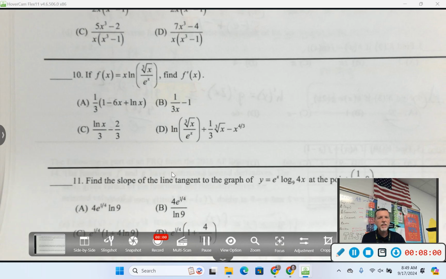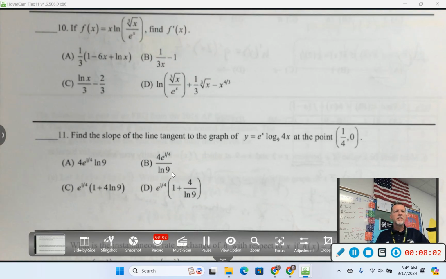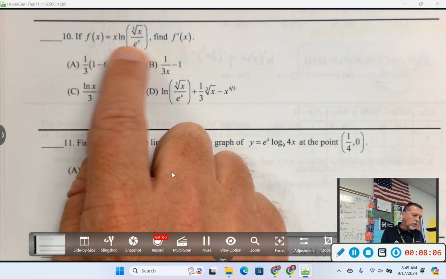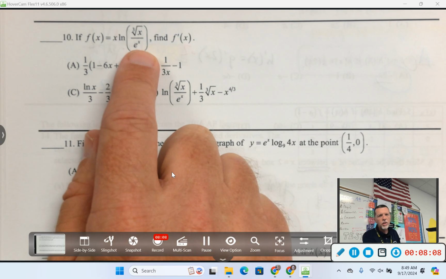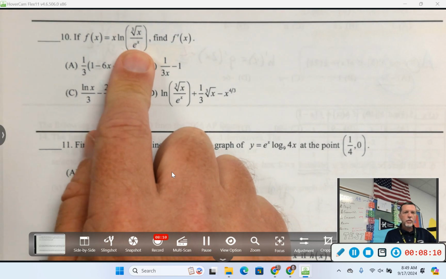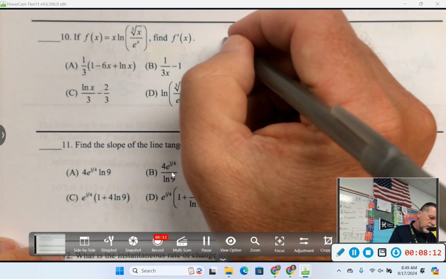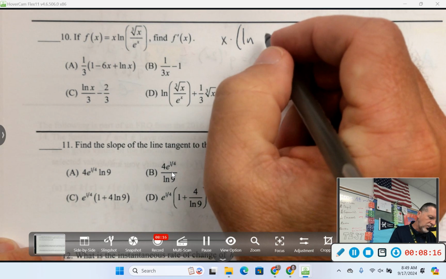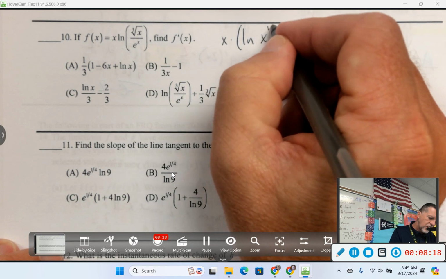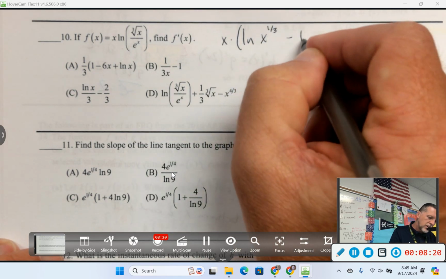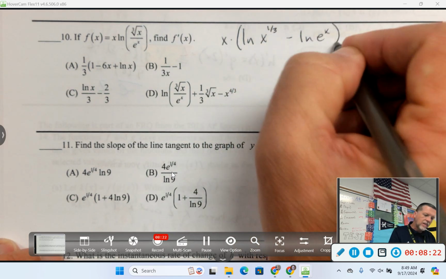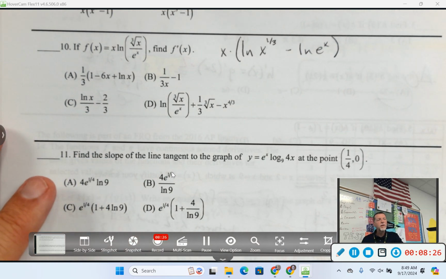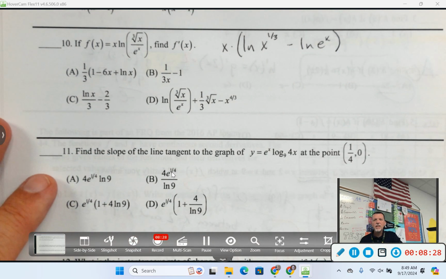Number 10. Ooh, goodness, that looks like natural log, looks like product rule, looks like quotient rule. Although I think I can get out of the quotient rule. I can change this to natural log x to the 1/3 minus natural log e to the x. It's just algebra. That's not calculus yet.